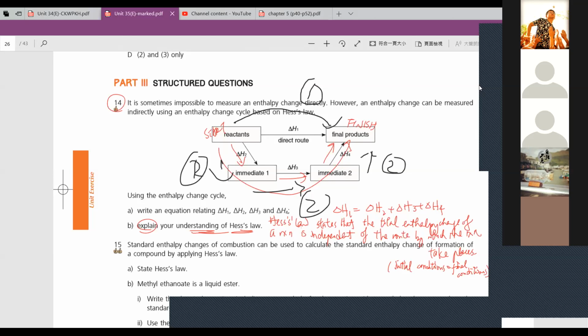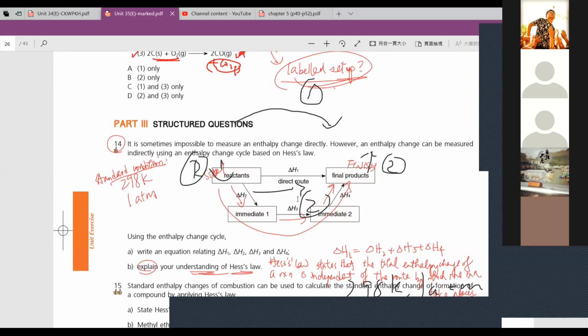What is meant by standard condition? It is a fair comparison, right? To compare data. Yes, that's right, 298 Kelvin, 1 atm. This is what we mention as standard condition. So this is what I would like to remind all of you.